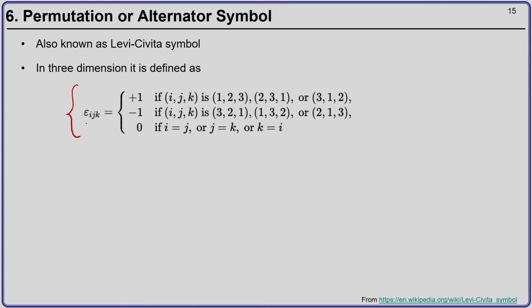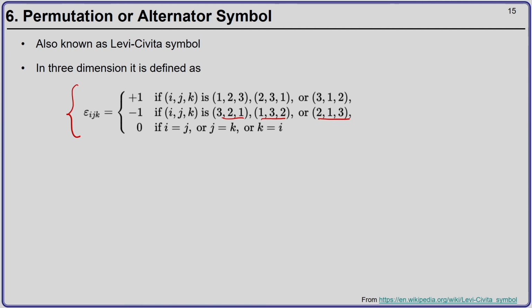So, this permutation or alternating symbol has 3 values. It is +1 if i, j, k is in this order: 1, 2, 3 or 2, 3, 1 or 3, 1, 2. It has a value of -1 if i, j, k are in this particular order: 3, 2, 1, or 1, 3, 2, or 2, 1, 3.